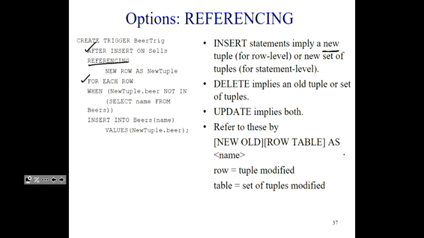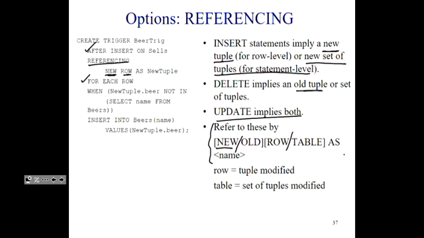Okay, so it doesn't have a new tuple. Update can have old tuples, new tuples, old sets of tuples or new sets of tuples. And the way to refer to these would be as new/old, row/table as something. Right? In this case, we have new row as new tuple.